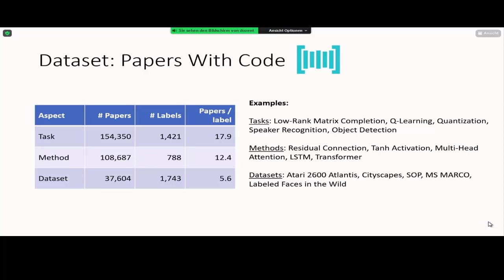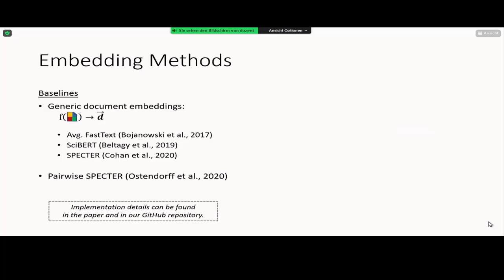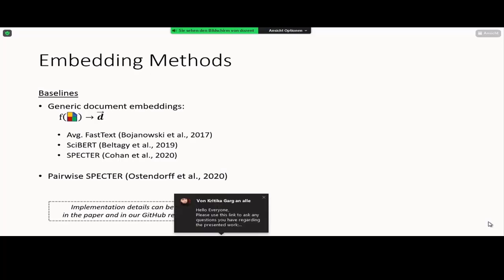And based on this data, we then evaluate the methods that we test here. We have a set of baselines, which are generic document embeddings, just like the traditional document embeddings, where you have one embedding for each document without any aspect information. There we have fastText word embeddings.